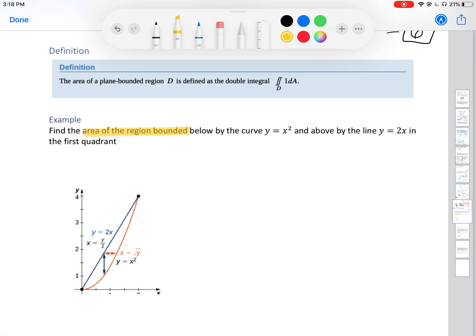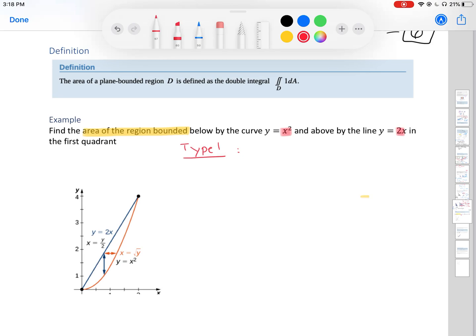Now, if you notice, everything is written in terms of x. So type 1 would be ideal because I wouldn't have to change my functions too much. But you can also do type 2 if you like. We can set up both and then you can try whichever one you like. Let's set up both.